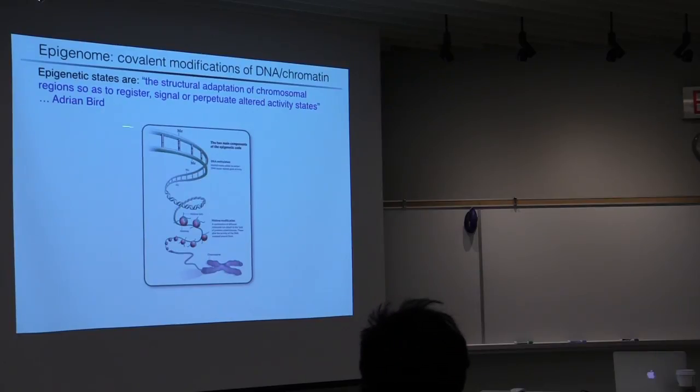But I'm going to show you a definition that I actually like from Adrian Bird, which captures the idea that there are both molecular events and heritability consequences of having an epigenetic state: a structural adaptation in chromosomal regions that signal, register, or perpetuate the state. So that can either be one cell that divides and maintains that pattern of chromatin or DNA methylation in those daughter cells, or it could be heritable information from one generation to the other.